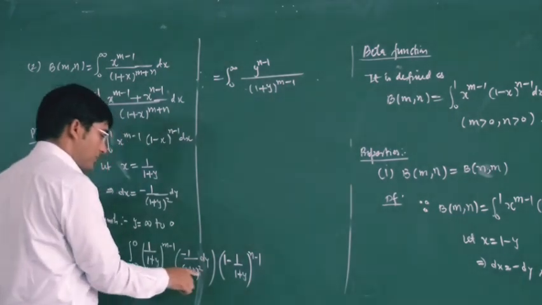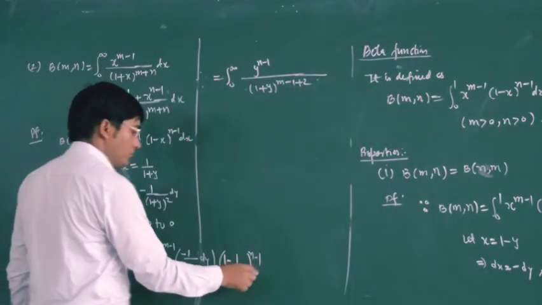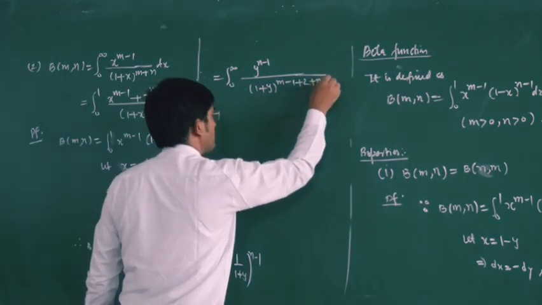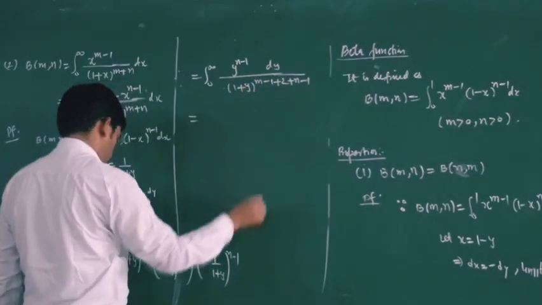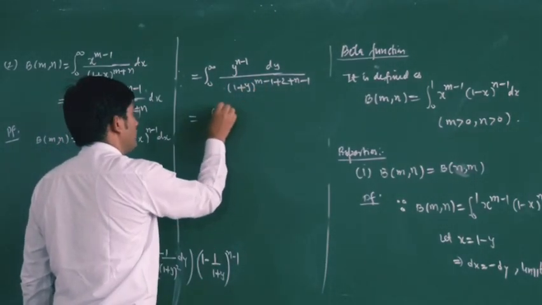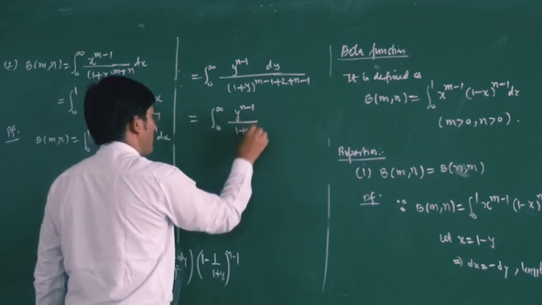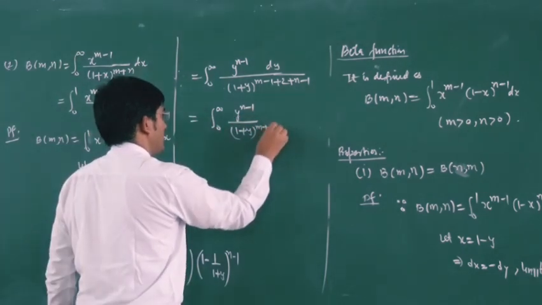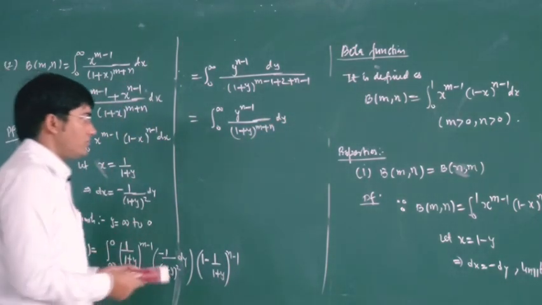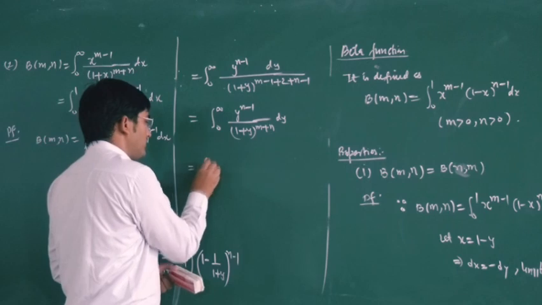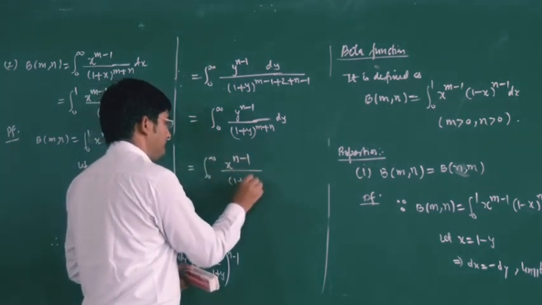Then here we will have (1 plus y) power 2. Then again from here we will have (1 plus y) power n minus 1, into dy. So this is equal to integral 0 to infinity y power n minus 1 upon (1 plus y) power m plus n into dy. Again, if the function is fixed and the limits are unchanged, then we can write it this way.